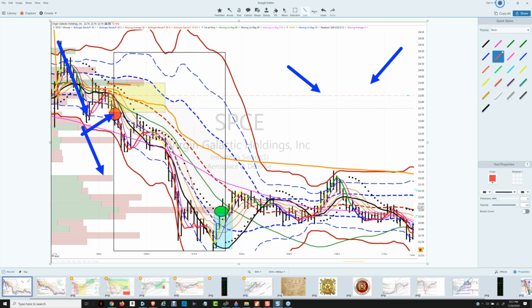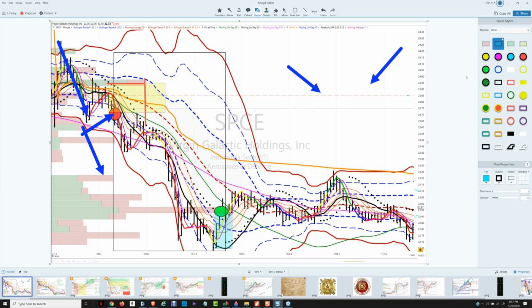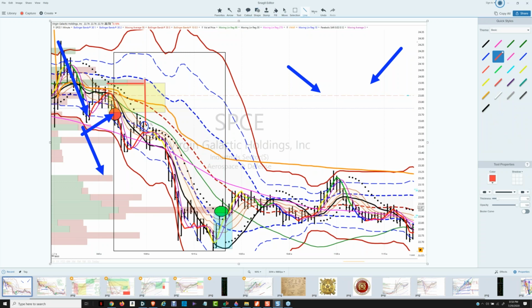Typical stop when the PSAR dot gets a couple past our entry. Then I just bring that to the PSAR, leave that in place.